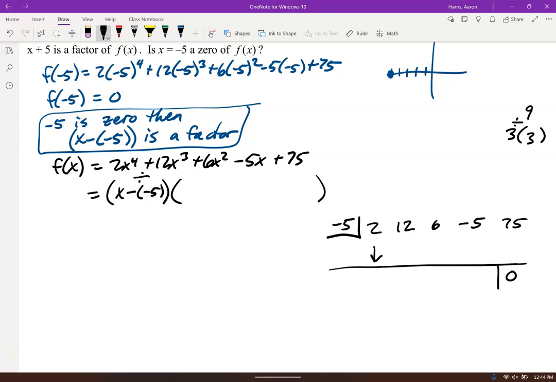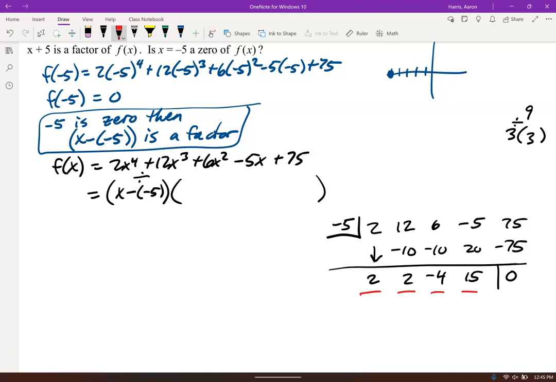Drop the 2 down, straight down. 2 times -5, 12 minus 10. 2 times -5, 6 minus 10. -4 times -5, -5 plus 20. 15 times -5. There it is. And then these are the coefficients of the quotient, right?